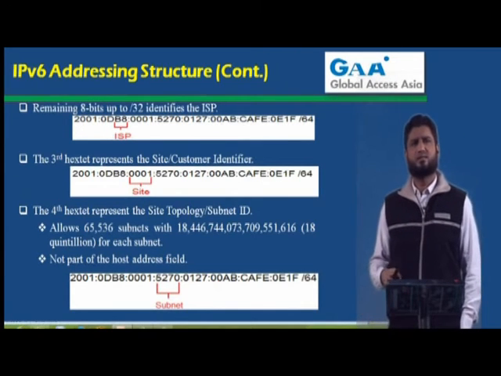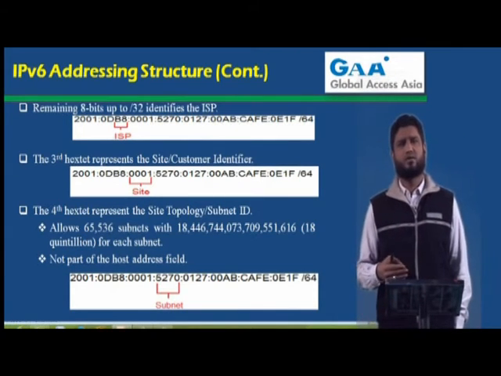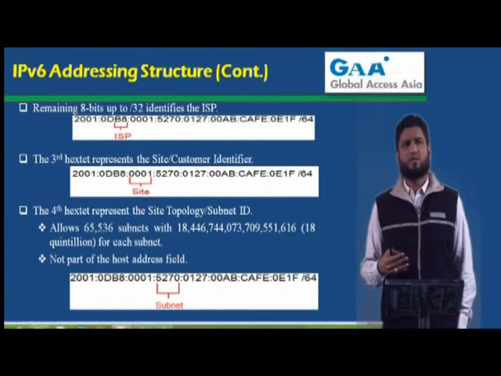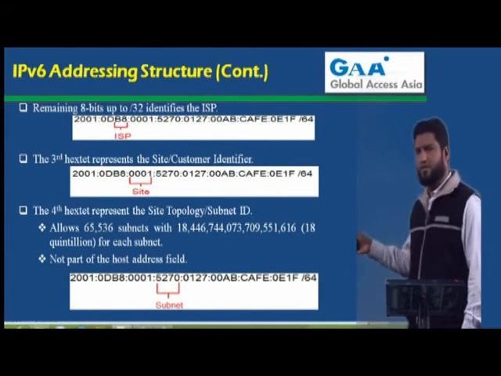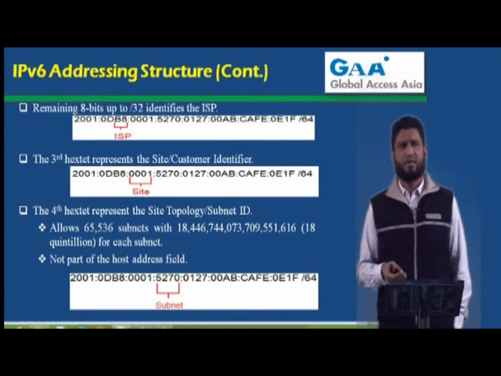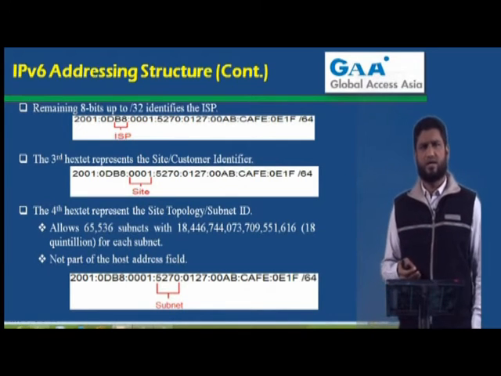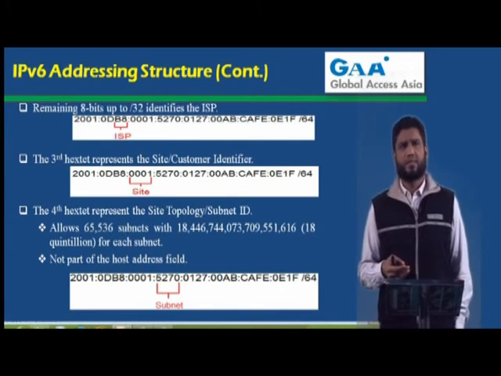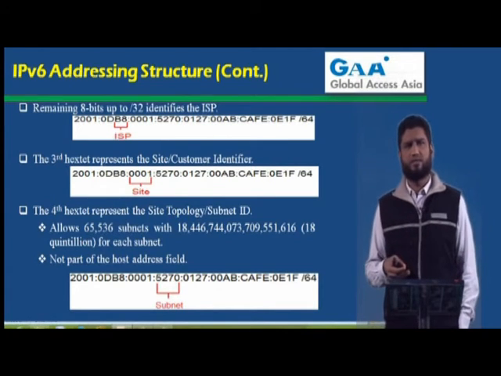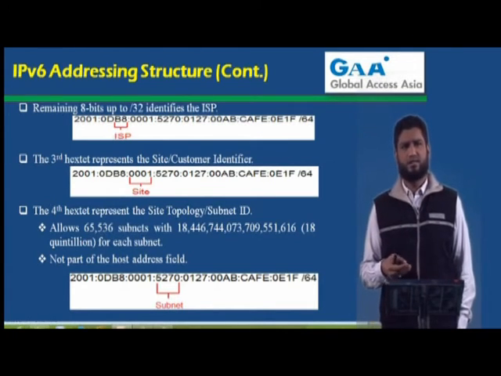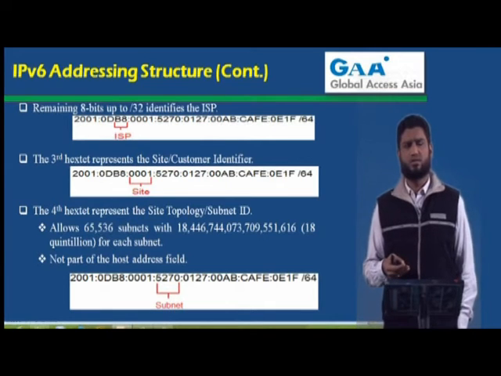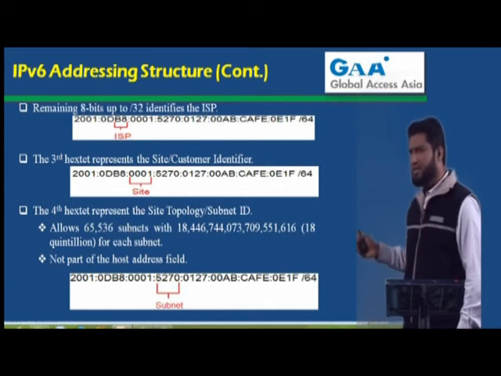Okay, so the IPv6 structure, we can continue for this part. What about the remaining bits? Here the red mark is defined for the ISP. You can see the remaining 8 bits up to /32 identify the ISP. The third hextet represents the site customer identifier, and you can also see the red marks 0001 in this figure.